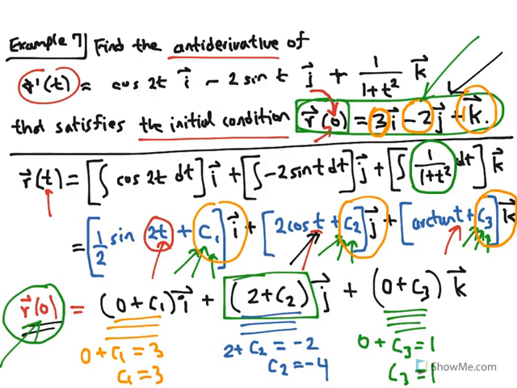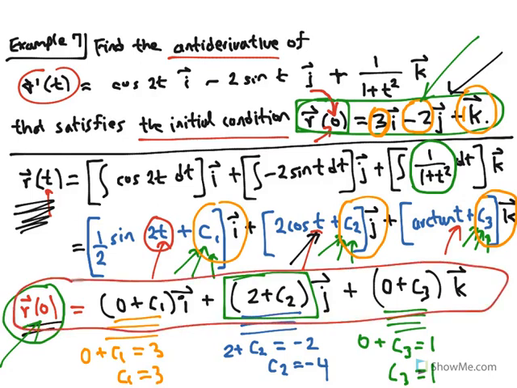So let me summarize the main steps here. Find the antiderivative of r prime of t that satisfies the initial condition r of 0 is 3i minus 2j plus 1k. So you begin by finding the antiderivative of r prime of t. That gives you r of t with constants of integration for each of the component functions. And then you will evaluate what you've just found for r of t at t is equal to 0 to get what we have on this line.